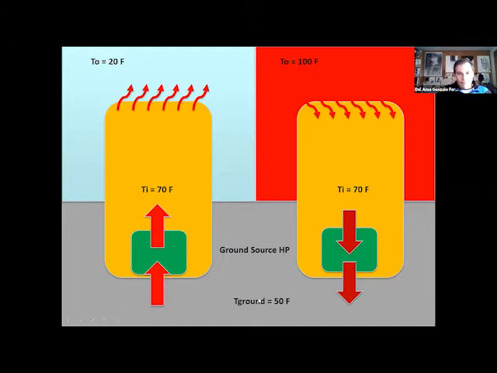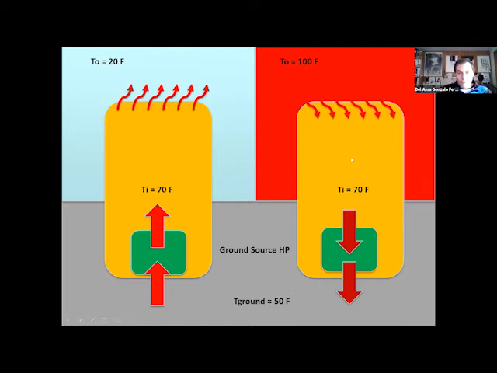We only have to look at the numbers. If outside is 20 Fahrenheit, if you remember with the previous heat pump, we had to take energy from a source which is at 20 Fahrenheit. Now we are taking energy from something that is at 50 Fahrenheit. So the enthalpy of the ground is higher than the enthalpy of the air if it's too cold outside.